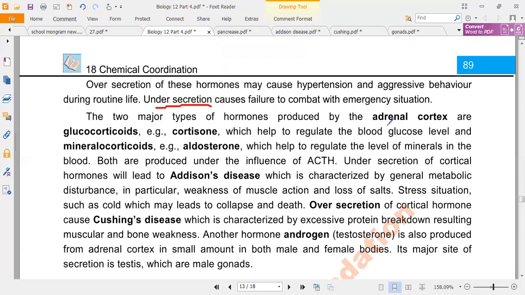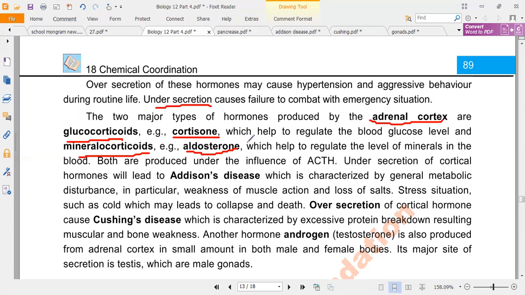So let's talk about the adrenal cortex, the upper part of the gland. It releases glucocorticoids and mineralocorticoids. Glucocorticoids are said to be cortisone, and mineralocorticoid is known as aldosterone.